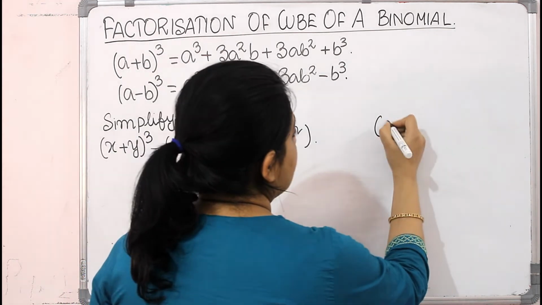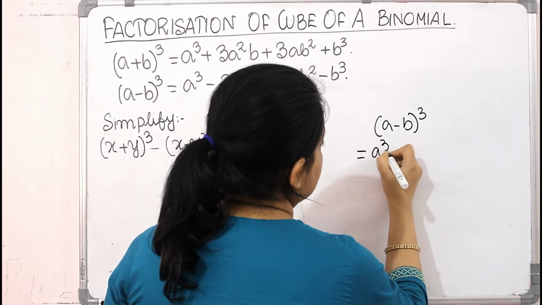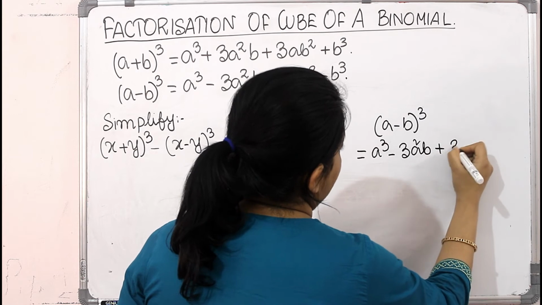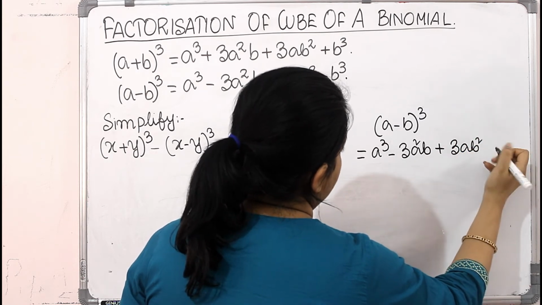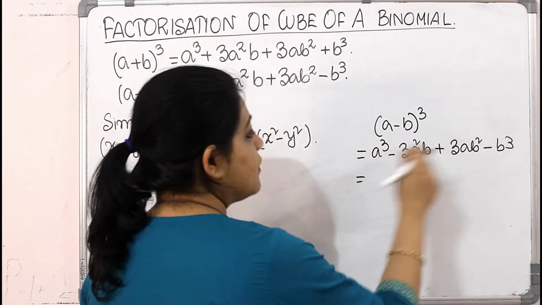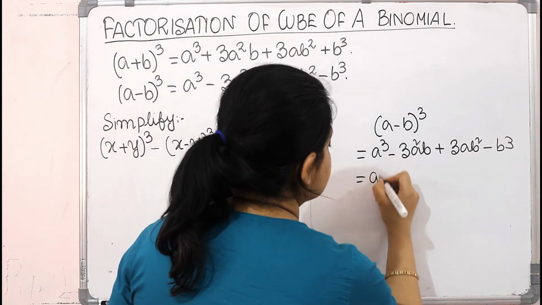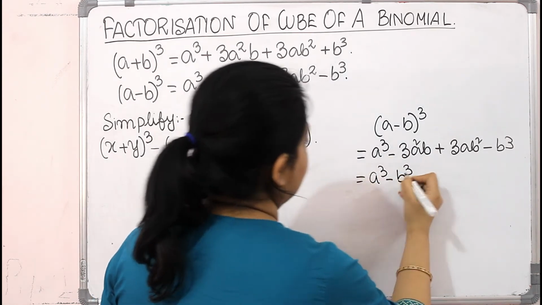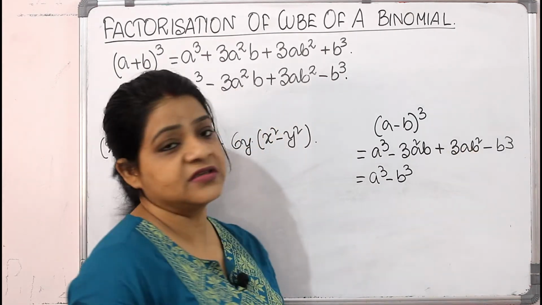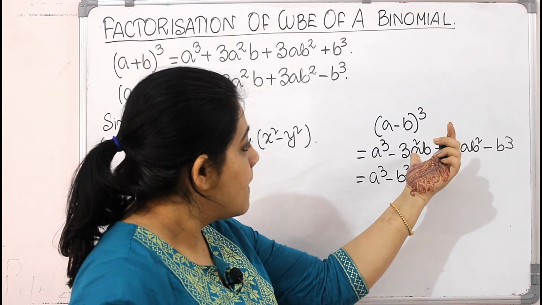Just see here, a minus b whole cube. What is the formula? a cube minus 3a square b plus 3ab square minus b cube. So the perfect cubes, a cube and b cube, are the two perfect cubes. So I will just write it in this way and I will try to take common from these two terms. So you tell me what will be the common term here.